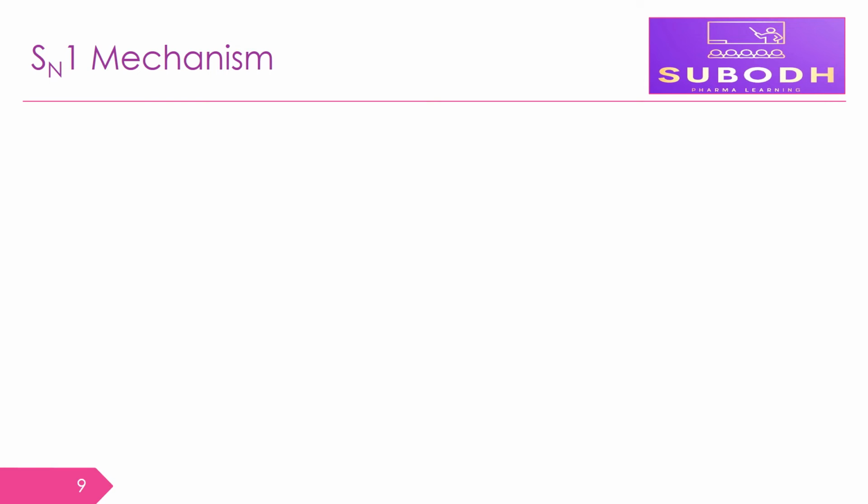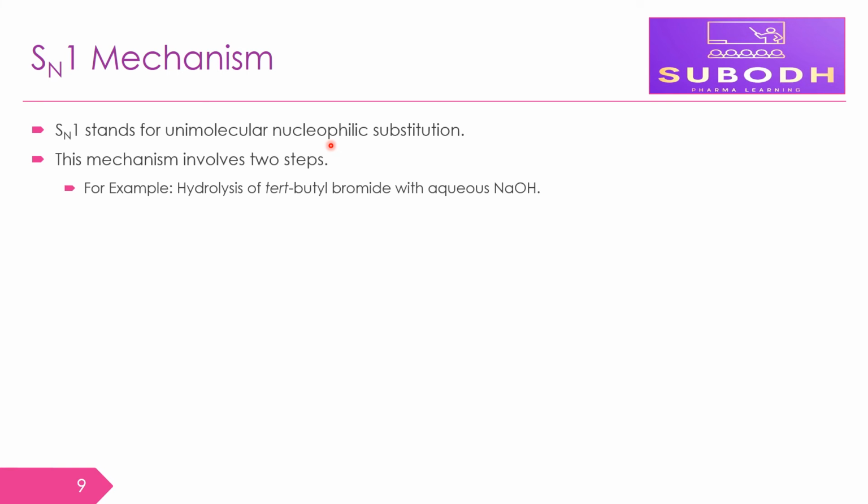In SN1 mechanism, SN1 stands for unimolecular nucleophilic substitution. This mechanism involves two steps. For example, the hydrolysis of tertiary butyl bromide with aqueous NaOH.